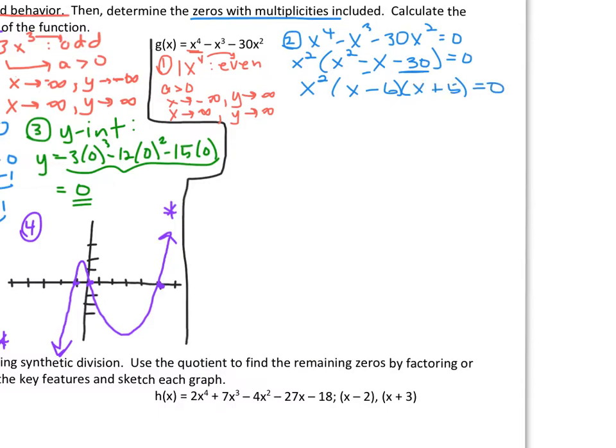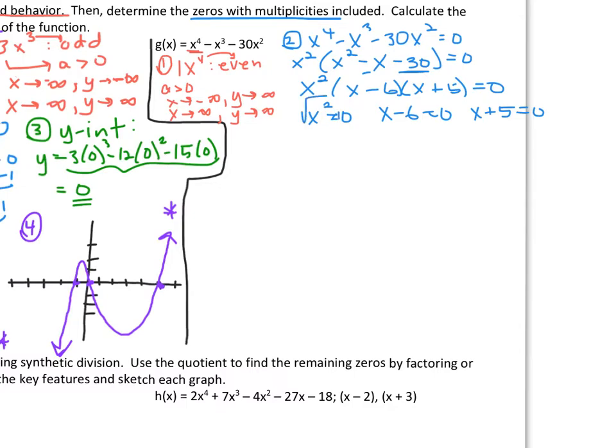That would give us negative 1 as a sum, but negative 30 as that product. And now if we set x squared equal to 0, x minus 6 equal to 0, and x plus 5 equal to 0, we'll find the zeros of our function.